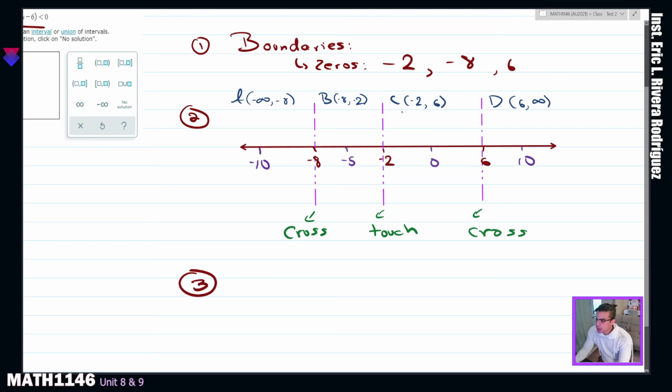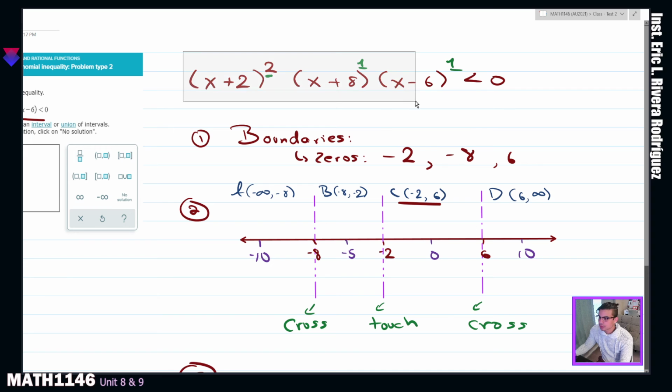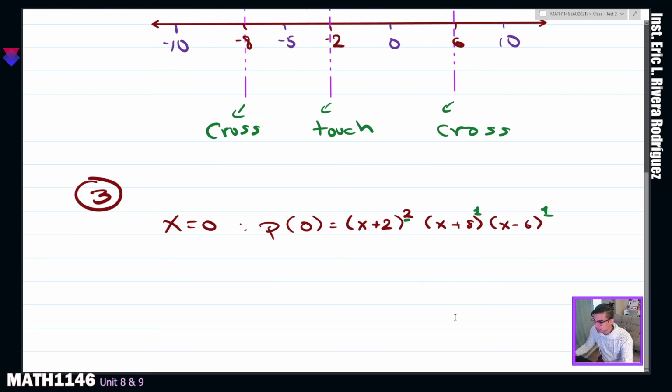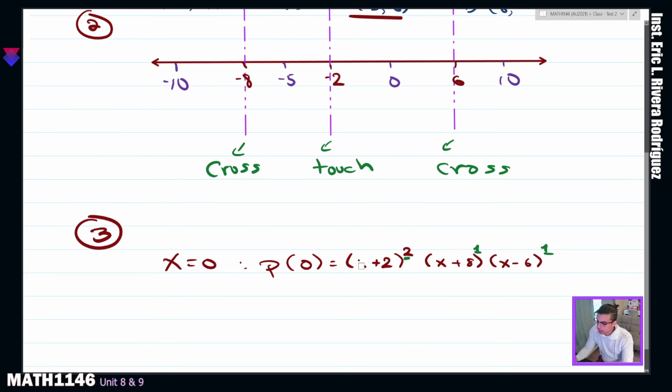Right? So I'm going to test region C first, so x equals 0 in the polynomial here. Again, I'm going to substitute the x variable with 0. What's important here is the sign.